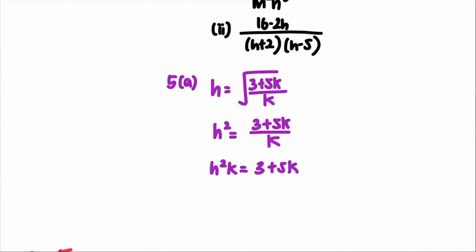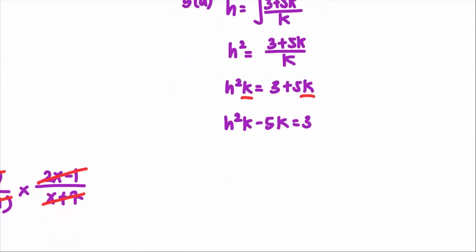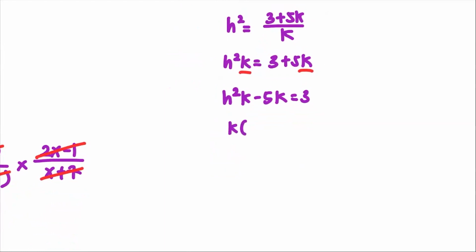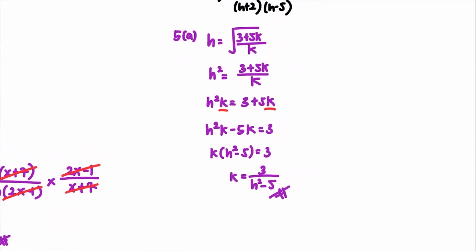Now notice that both of them contain a k, so we're going to group them up, and we get h squared k minus 5k equals 3. Let's factorize: k(h squared minus 5) equals 3, so k equals 3 over (h squared minus 5). And that's the answer. Moving on. So far okay? This is part A, a very, very simple question.